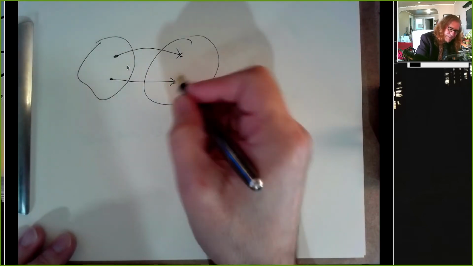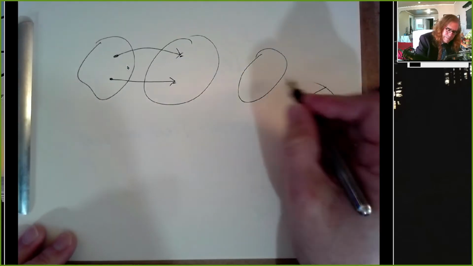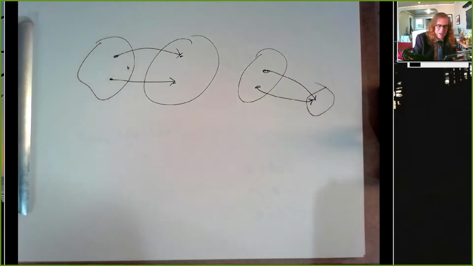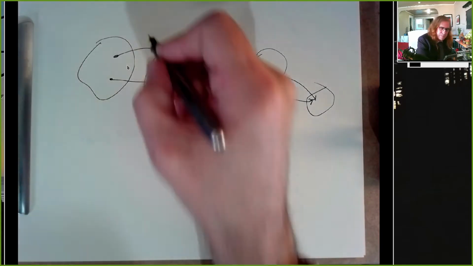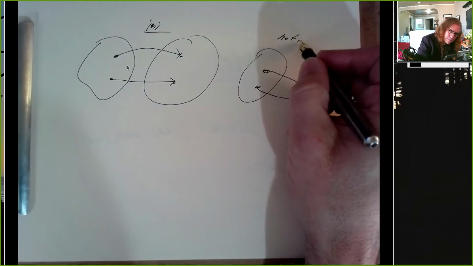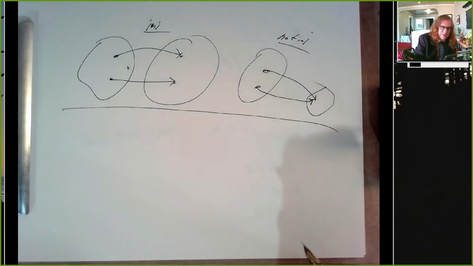Different values mapped to different things, that's injective. If you have different values that map to the same thing, that's not injective. So injective means different values always map to different things.